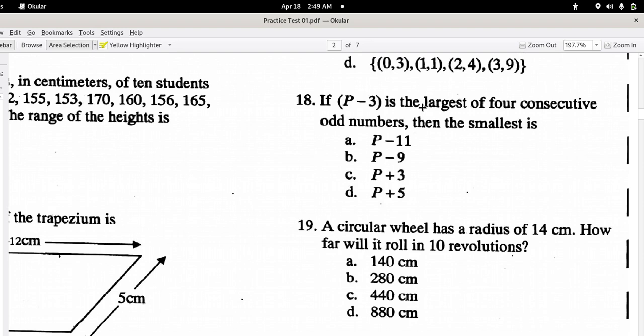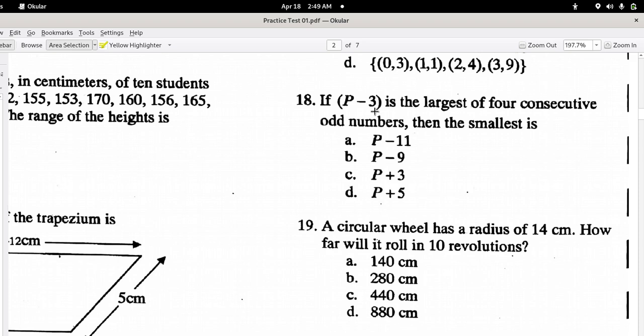18, if p minus 3 is the largest of 4 consecutive odd numbers, the smallest is, okay, so you have 4 consecutive odd numbers. This is the largest, p minus 3. Now remember, if you have 4 consecutive odd numbers, it means there's no skipping, they follow each other.